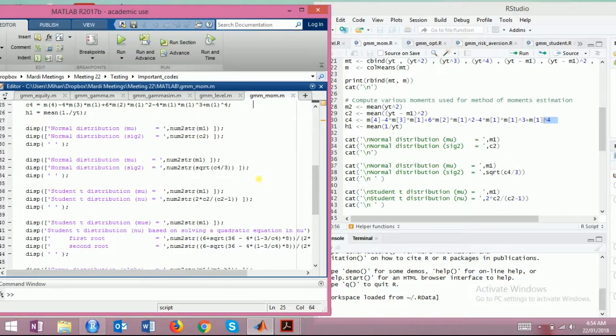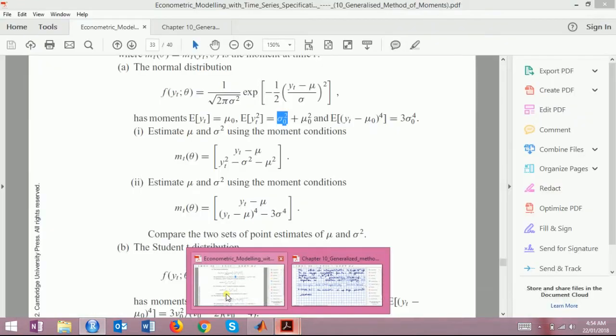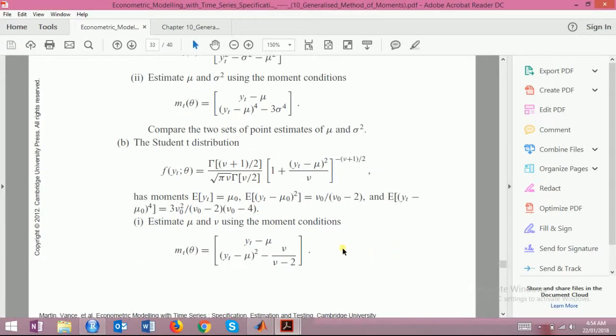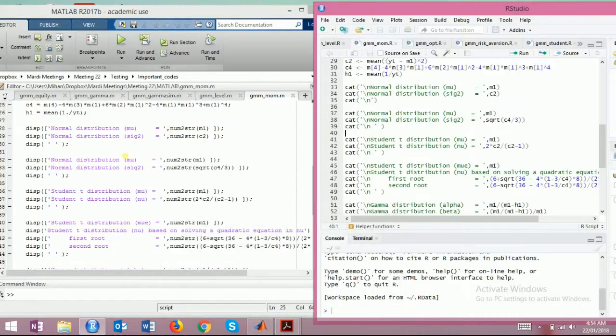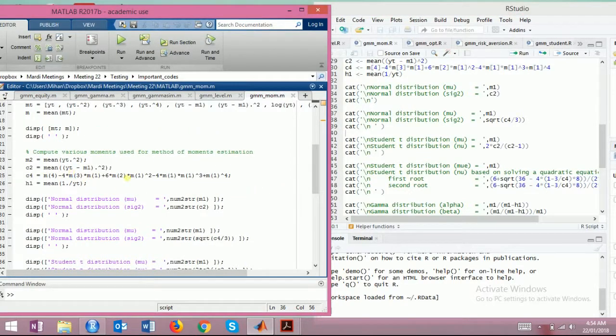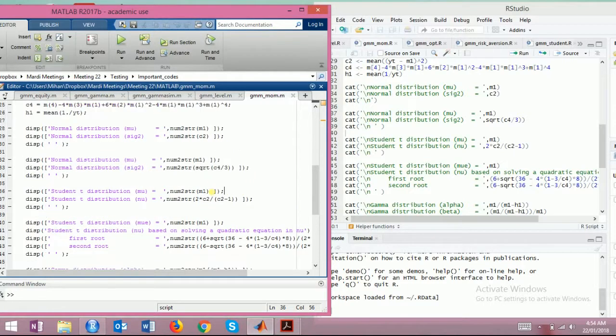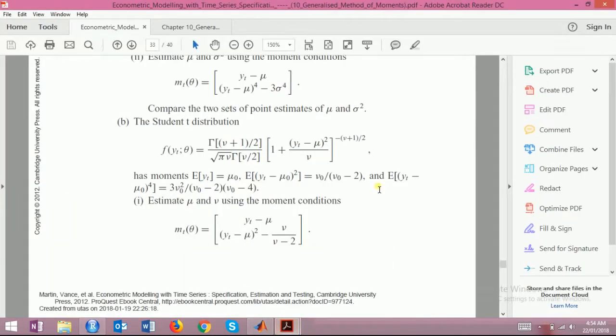That's all, very simple. And then the t distribution, mu and nu, or sorry, tau is nu, 2C2 divided by C2 minus 1, which is coming from here. This is from Student's t distribution: nu itself is 2C2 divided by C2 minus 1.